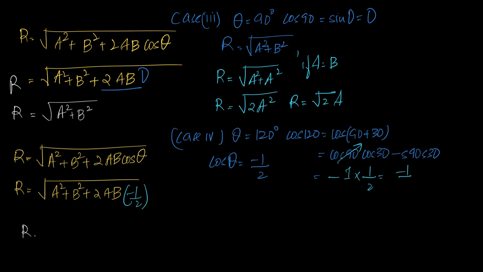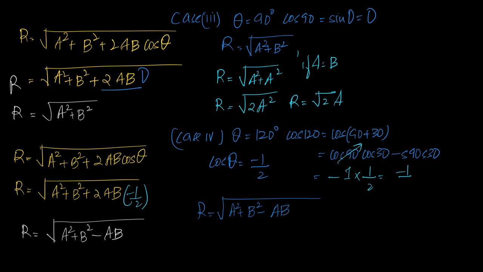So thus we get a simplified version as root of a square plus b square minus ab. So we can say when theta is equal to 120, R is equal to root of a square plus b square minus ab.